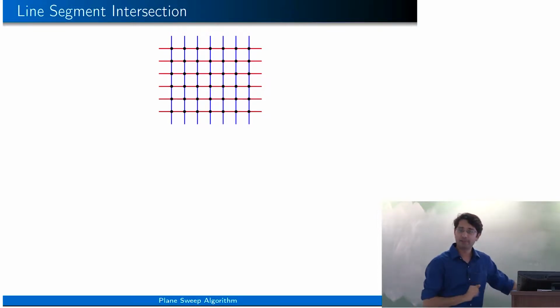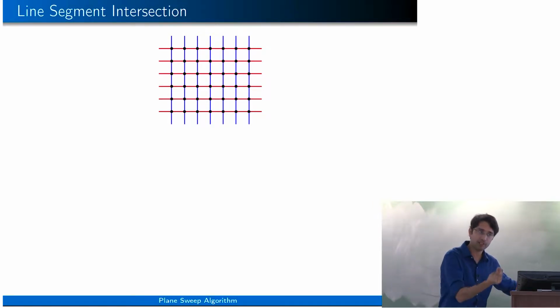So, in this example there are n by 2 horizontal line segments and n by 2 vertical line segments. What is the number of intersections? N by 2 into n by 2, that is, for a computer scientist, order n square. Checkmate. So, if you have to report order n square intersection points, there is no hope for giving a better algorithm.